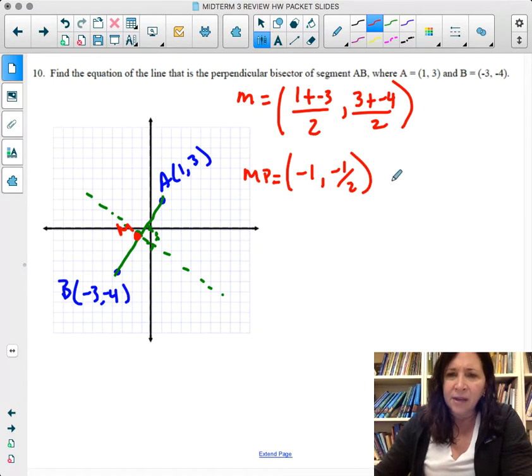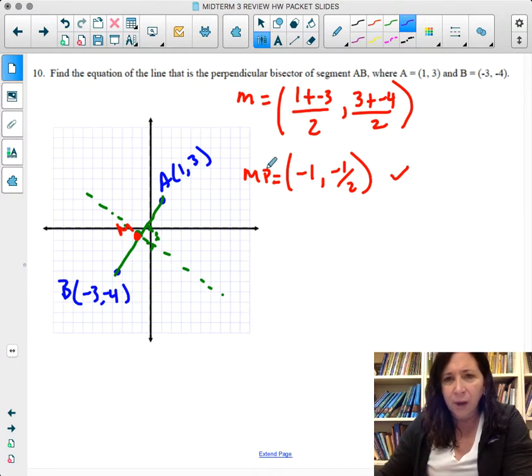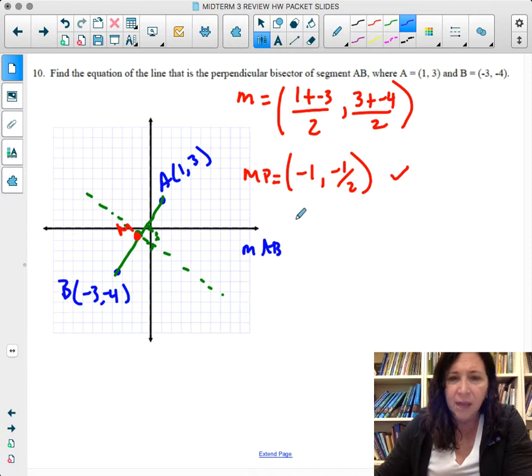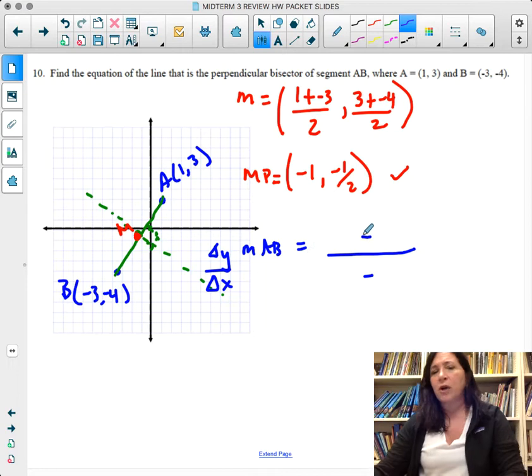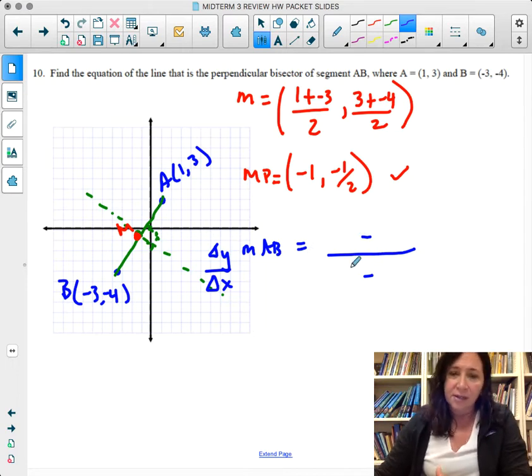The next thing I need to do after that is to find my slope. So to find the slope, I'm going to find the slope of AB. In order to find the slope of line segment AB, I'm going to subtract my y's over subtract my x's. That's the same thing as saying the change in y over the change in x. Just be careful that you subtract your y's over subtracting your x's.